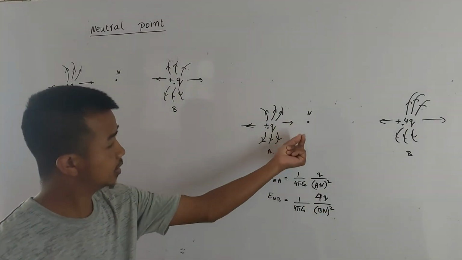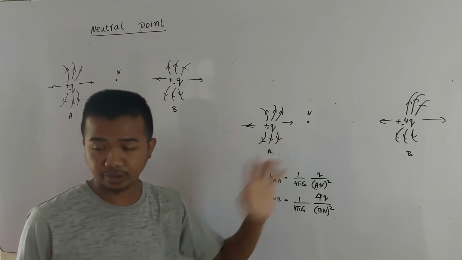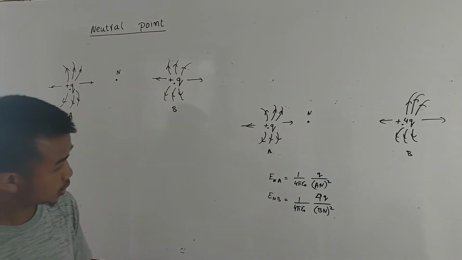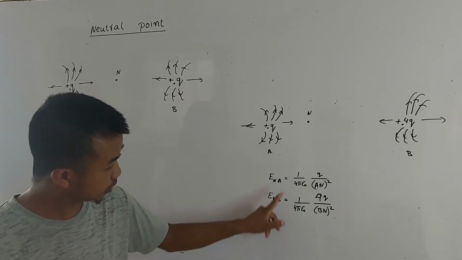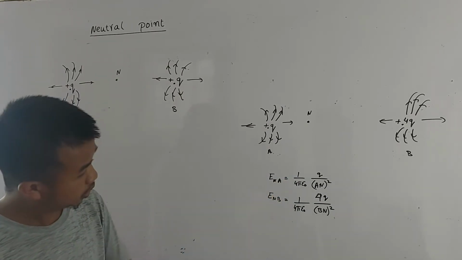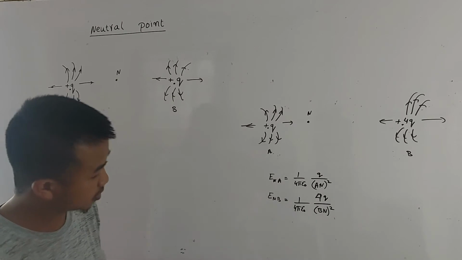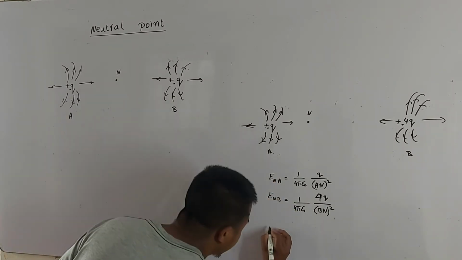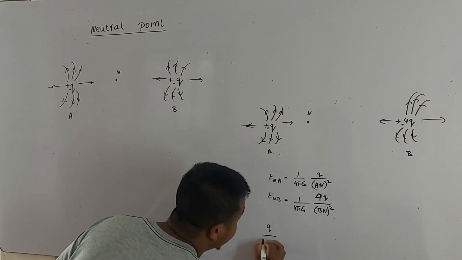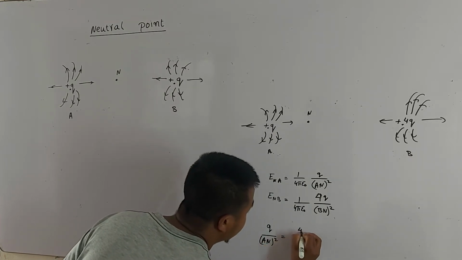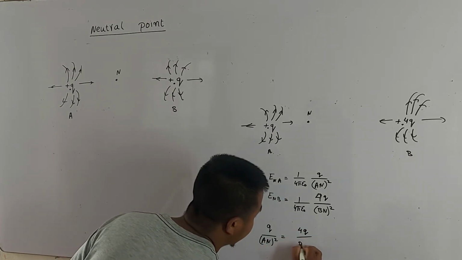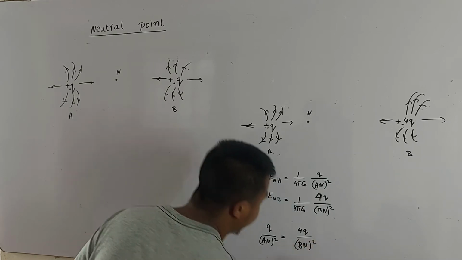Since the test charge at N will not experience any force, the electric field E_A is equal to E_B. This equation and this equation are equal. 1 by 4 pi epsilon naught will get cancelled. So we can write Q divided by AN whole square equals 4Q divided by BN whole square.